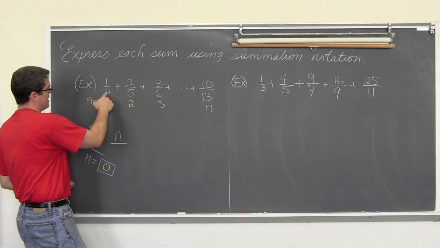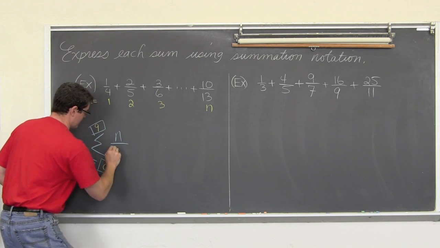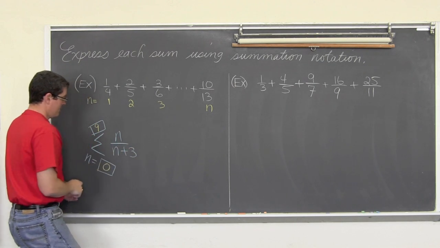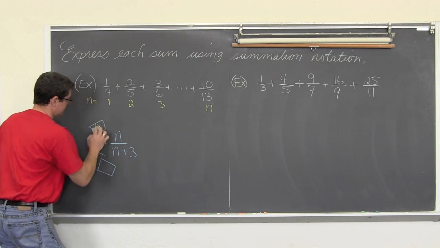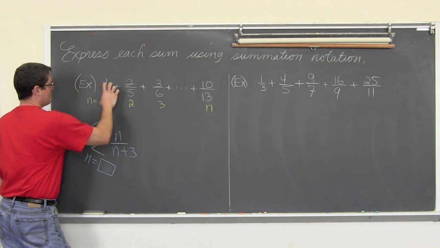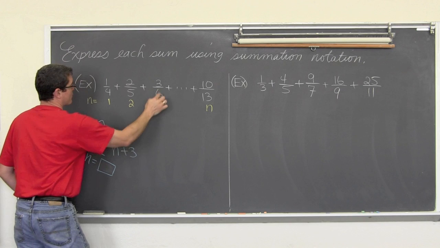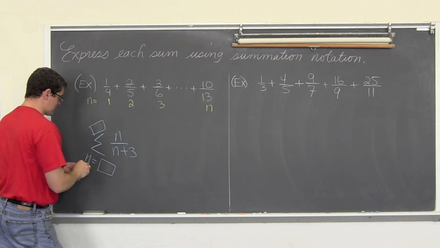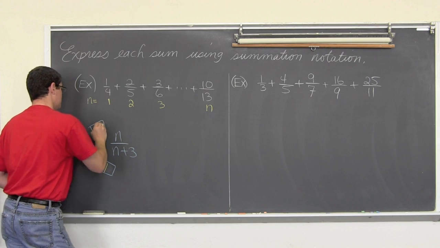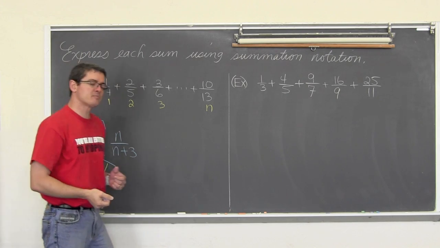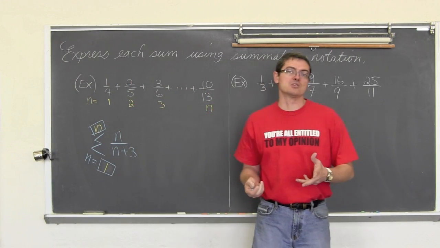And my denominator, well, now they're just 3 bigger. My lower limit, I've started at 1. My index and my numerators are a perfect match, so not only am I starting at 1, but n here, my upper limit, must be 10. So there's 2 possible answers for summation notation.